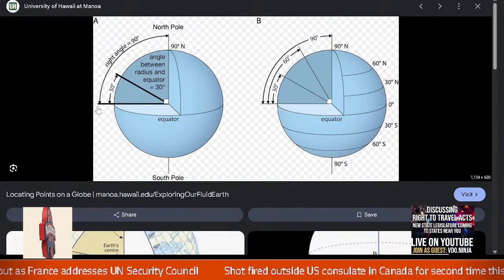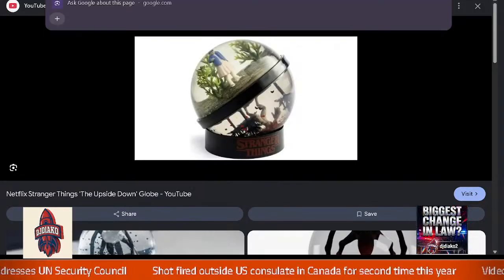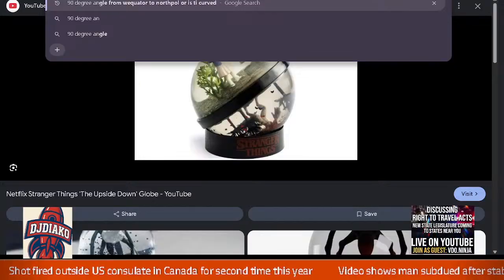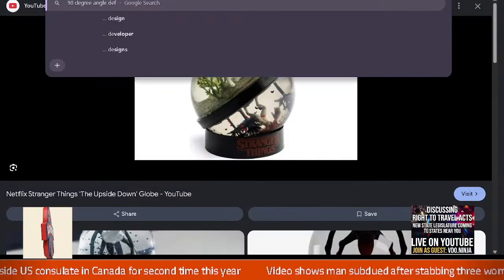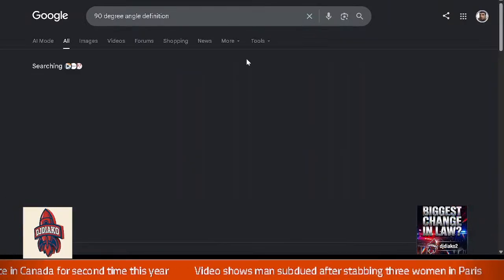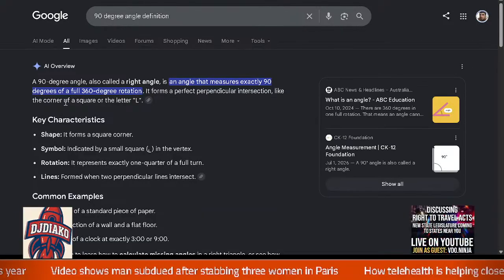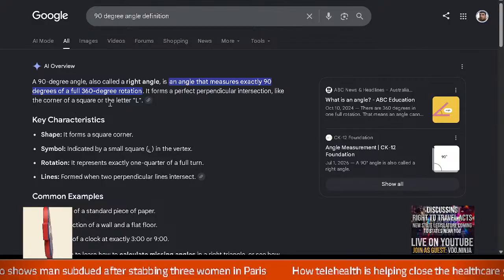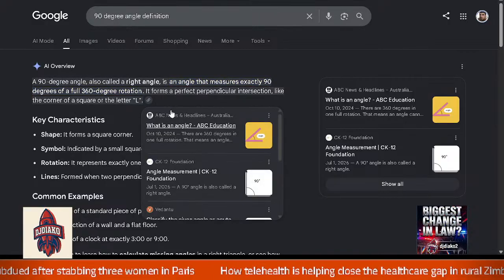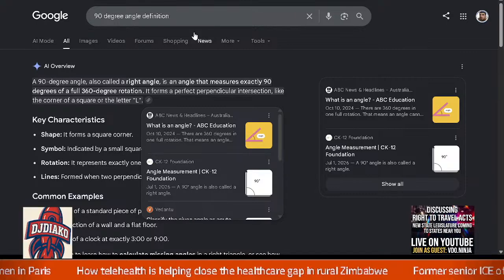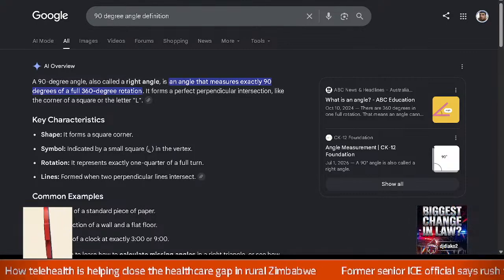Is that not your 90? Like the corner of a square or the letter L. It's an intersection. And I just said that. You can have intersections on a flat road.